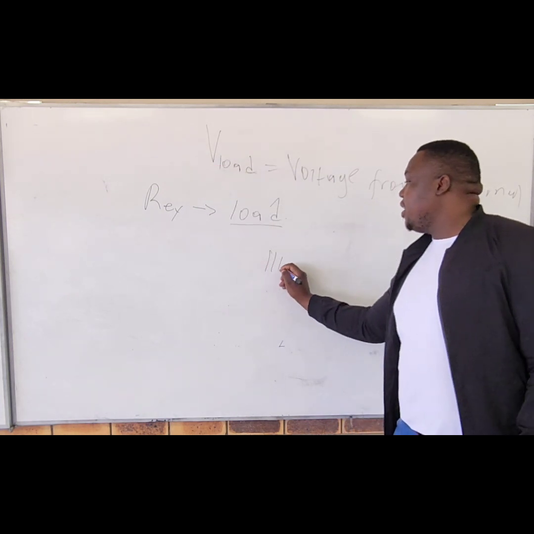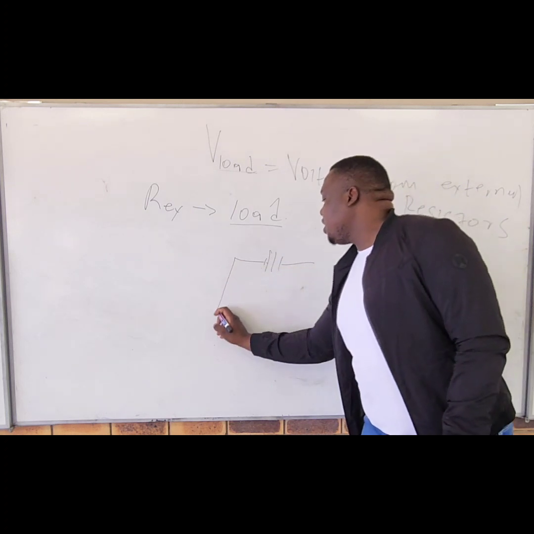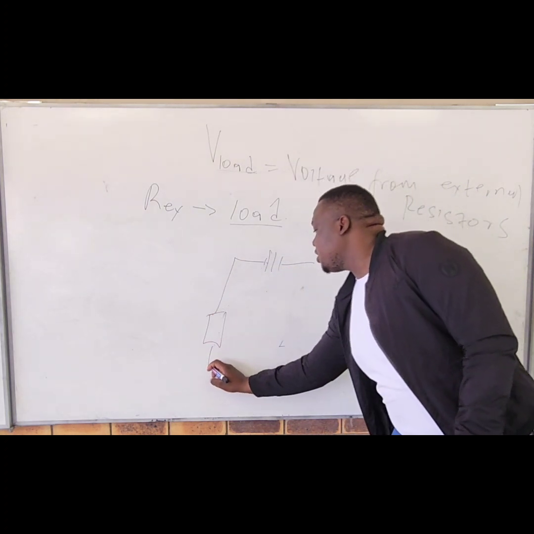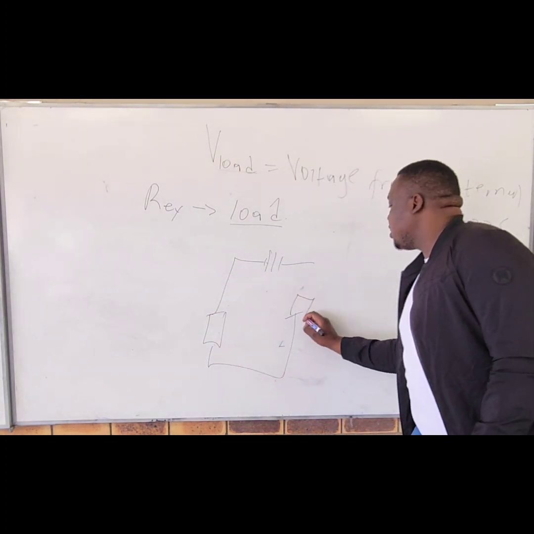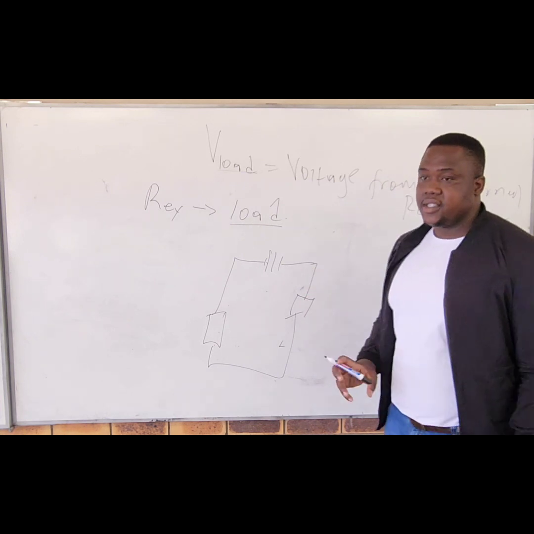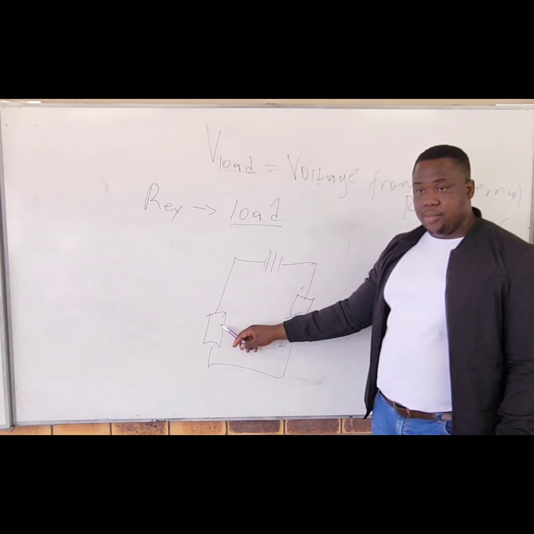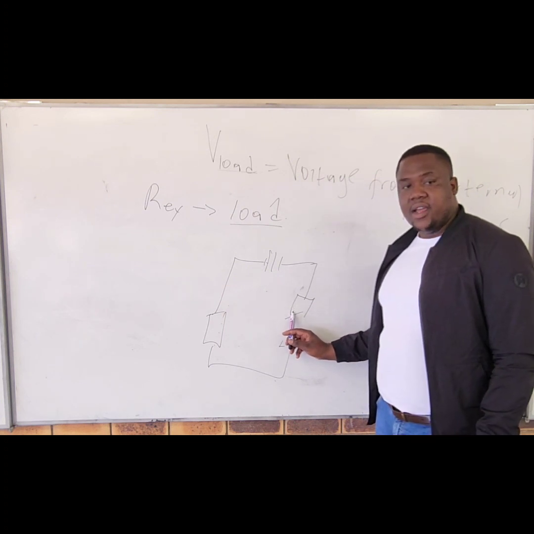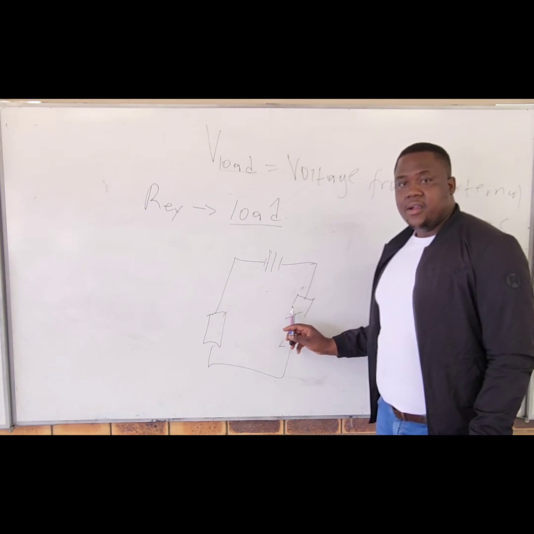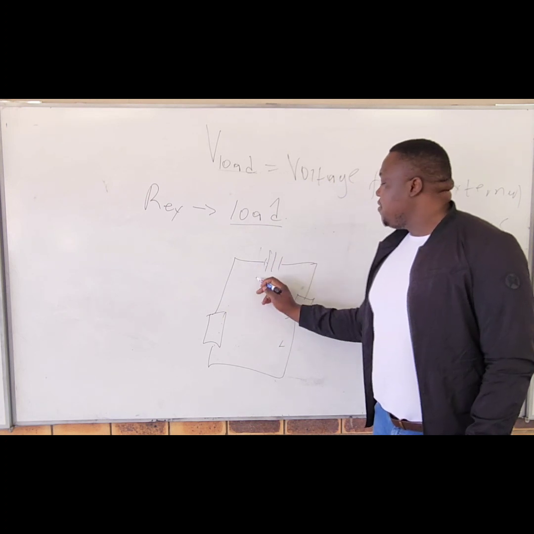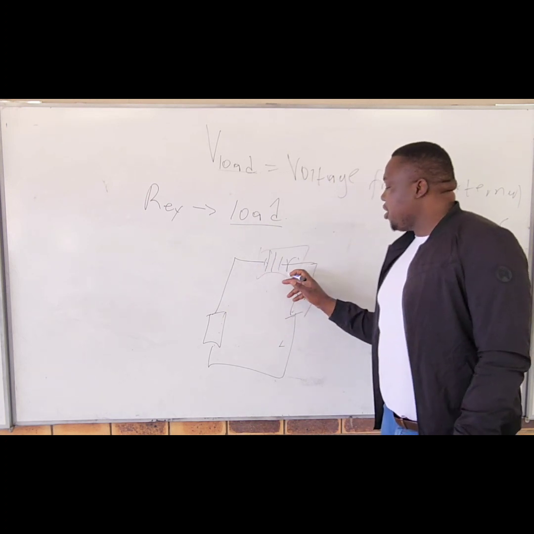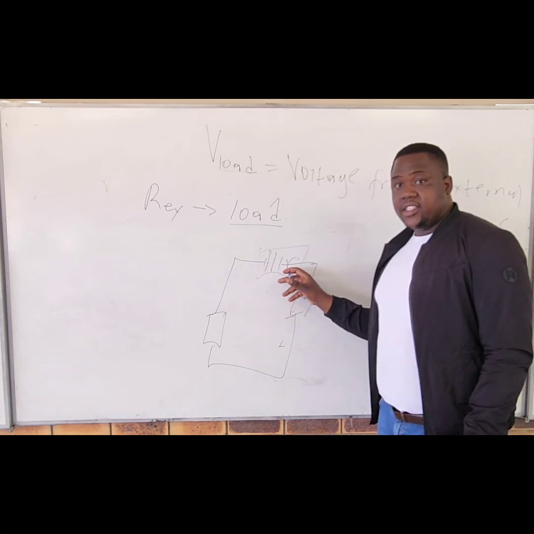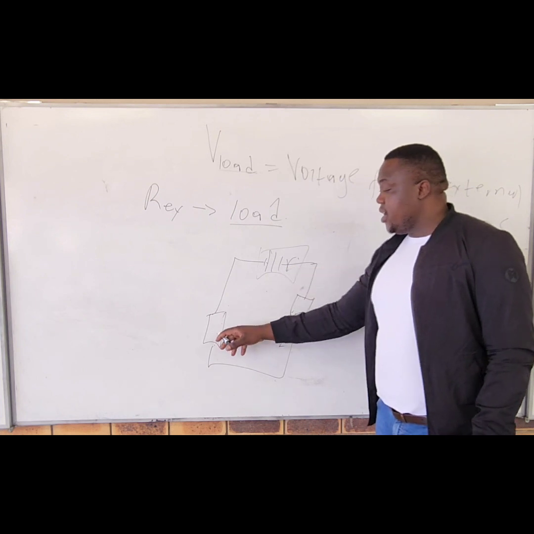Let's take we have an electric circuit here, and this is a resistor. There are two resistors which are connected in series. The voltage that is going to be recorded here plus the voltage that is going to be recorded here, we call them the V load. Then the voltage which we're going to record here it is different from the voltage that is here and here.